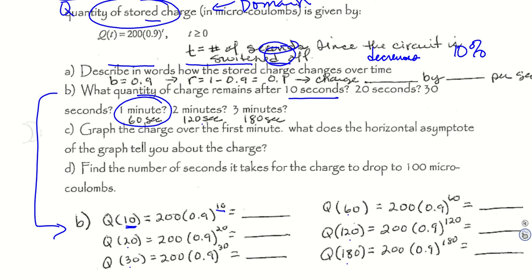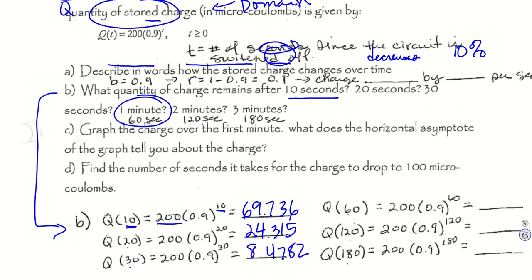We get these values. After 10 seconds, that charge has decreased from 200, our initial charge, to 69.736 microcoulombs. After 20 seconds, it's decayed to 24.315. After 30 seconds, 8.4782.